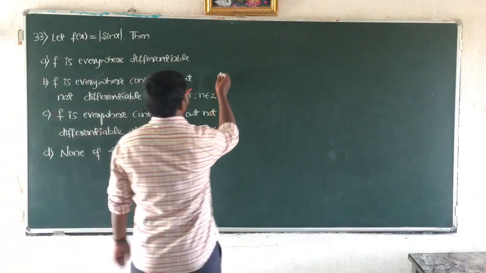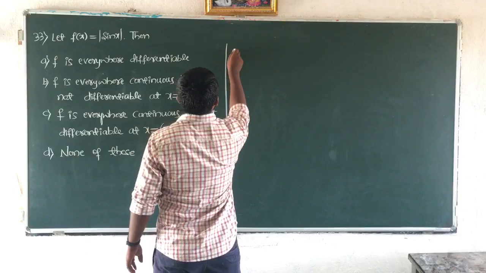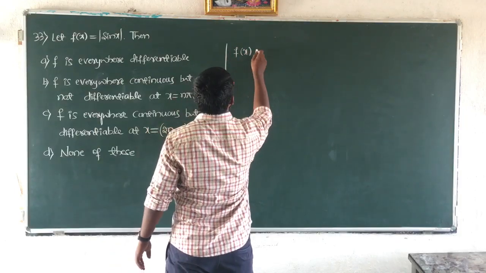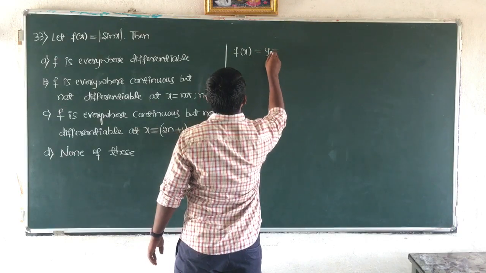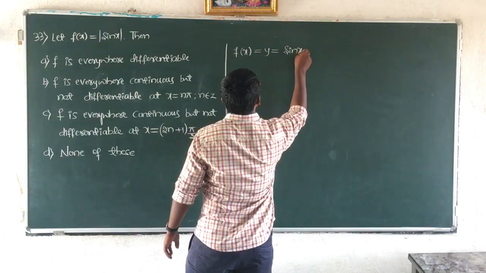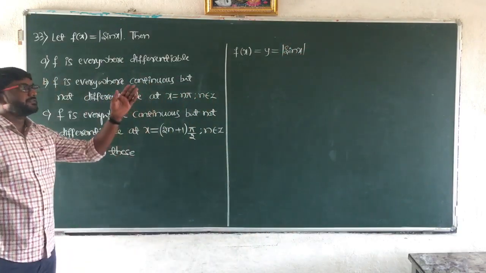So see here, we go for the solution. Consider f of x now. F of x which is equal to y which is equal to mod sin x. So now we know the graph of the sine function.